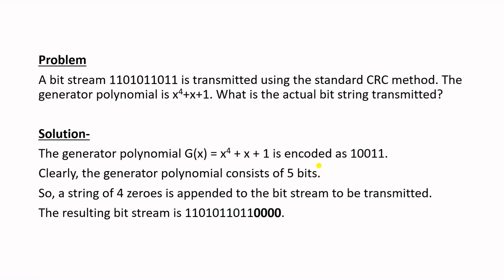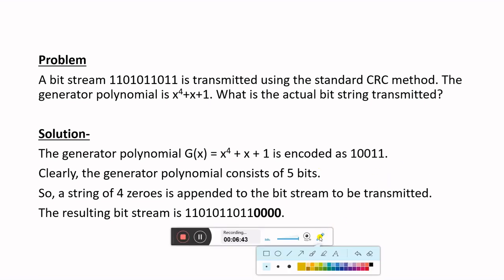In the solution step, the generator polynomial g(x) equals x to the power 4 plus x plus 1, is encoded as 10011. How is it generated? I am trying to explain this.